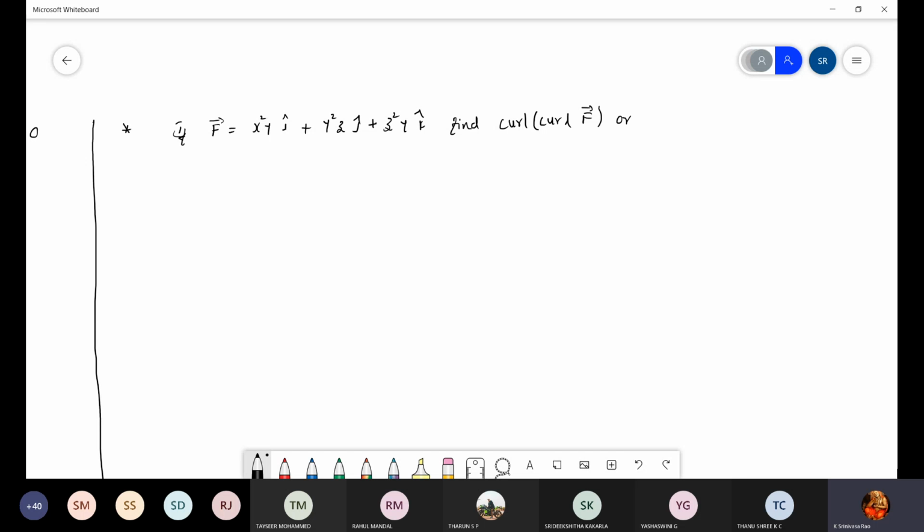Or can you symbolize? How to symbolize this question?